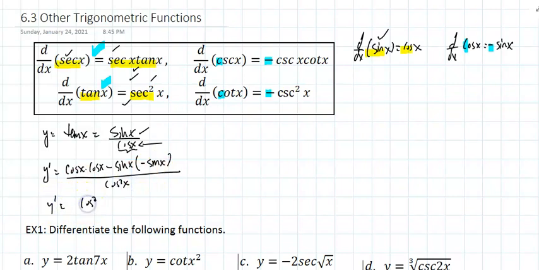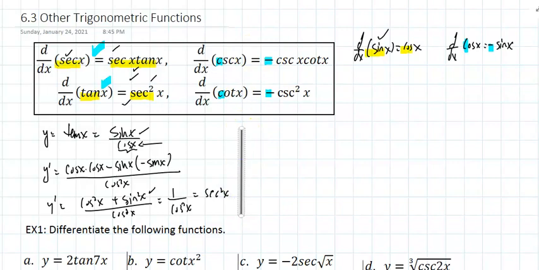And that would be the cosine squared of x plus the sine squared of x all over cosine squared of x. And if you remember from 6.1, sine squared plus cosine squared is 1, and 1 over cosine squared is the secant squared of x. And there it is. Very simple to show.